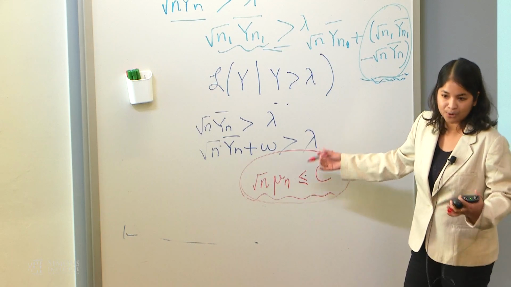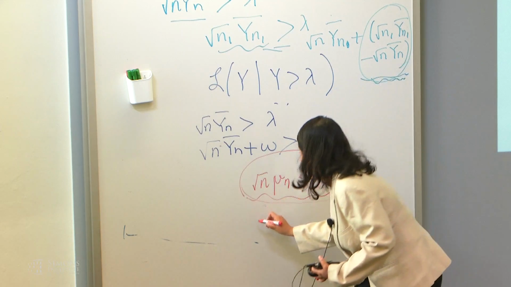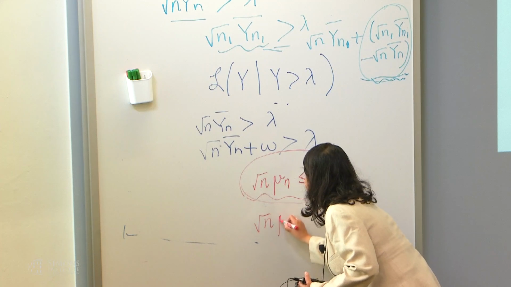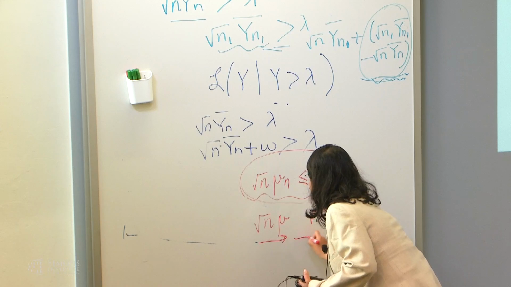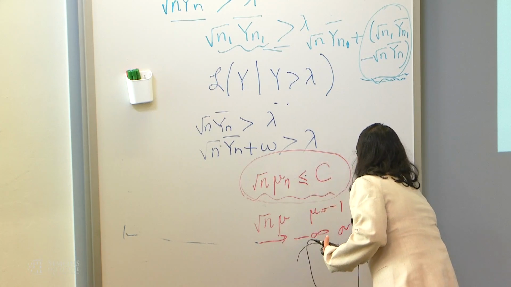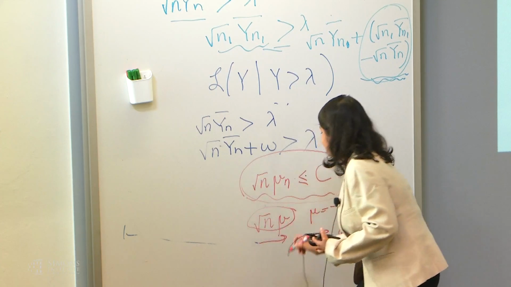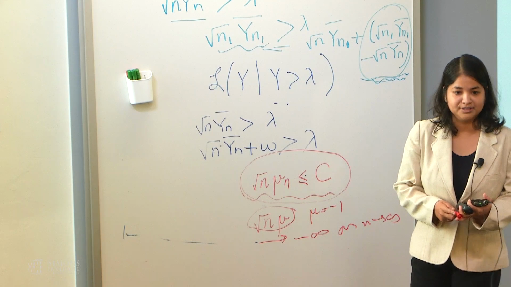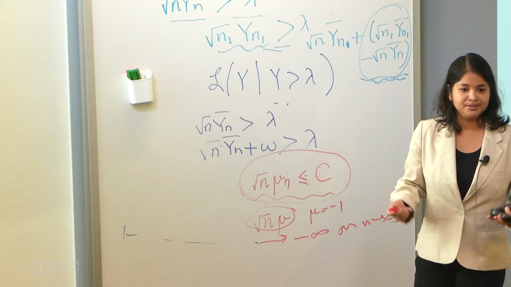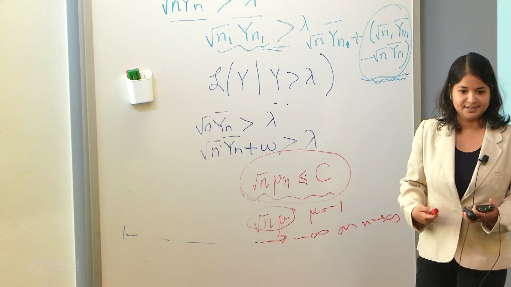This is called local sequences of parameter. But non-local is, say, I fix mu n to be mu, say mu is -1. Then root n mu n basically goes to minus infinity as n tends to infinity. So this is a non-local sequence of parameter, where root n mu is converging to minus infinity as n tends to infinity.